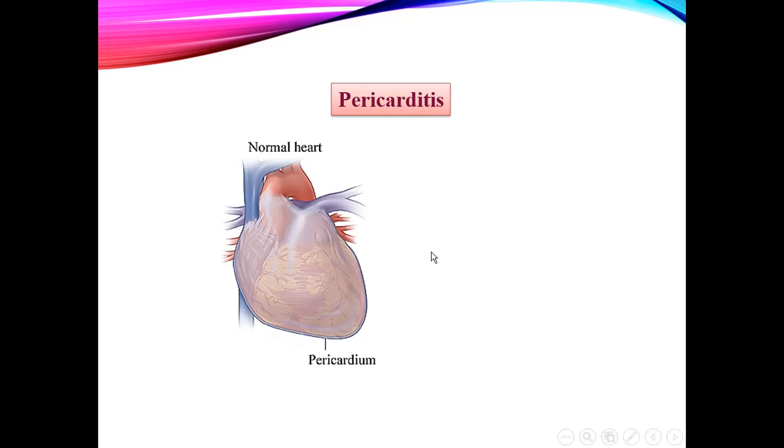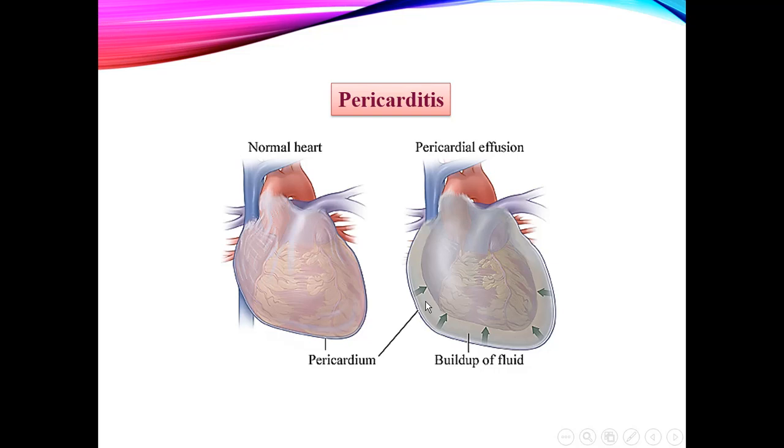In pericarditis, the pericardial fluid may accumulate excessively like this and compress the heart, in particular the thin-walled atria, and interfere with the filling of the heart during diastole. This condition is called tamponade or cardiac tamponade.